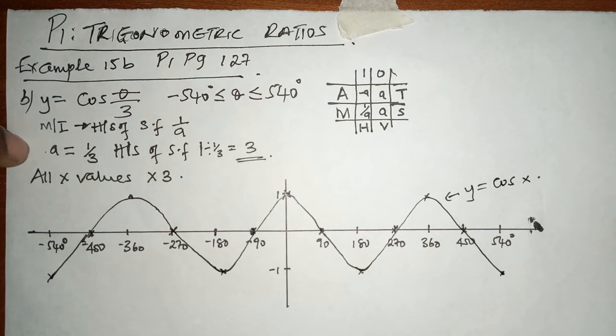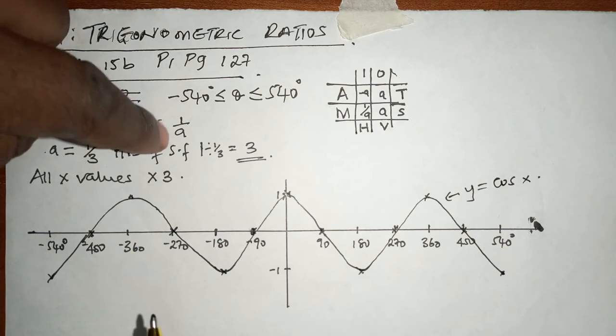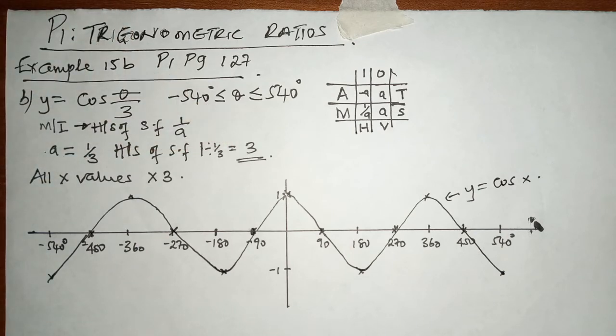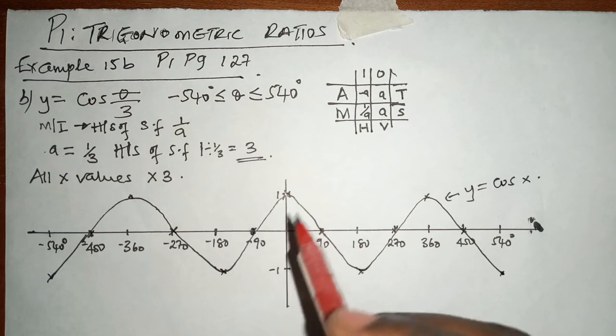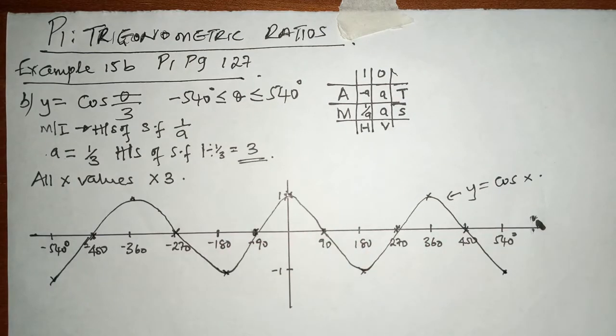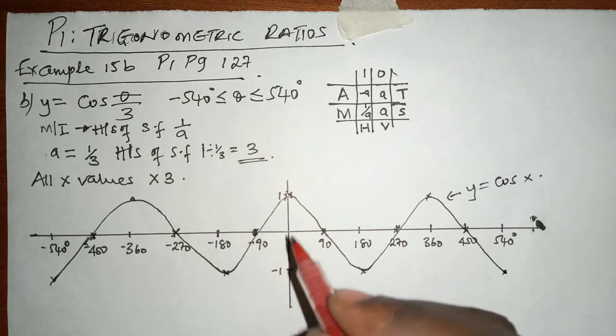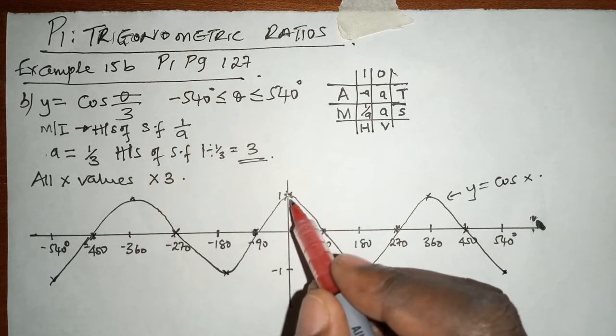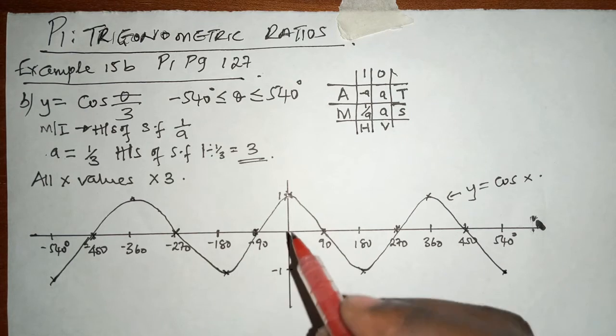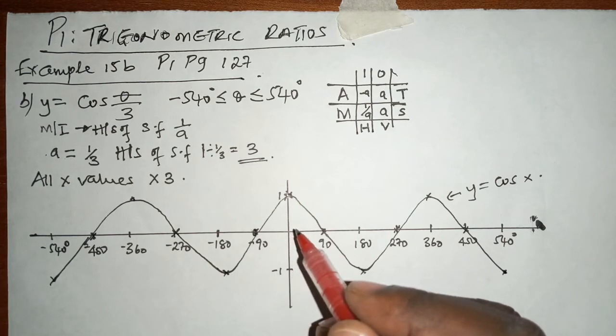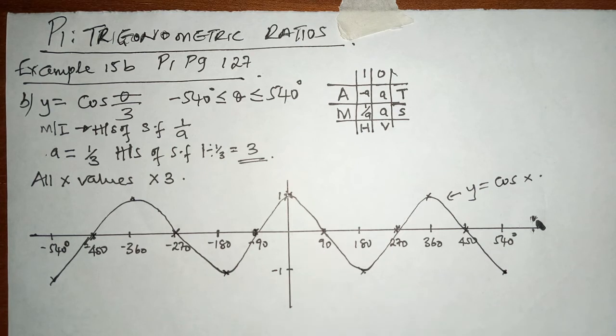Now we have to transform this one, and we have agreed it is a horizontal stretch of scale factor 3. Everything to do with x has to be multiplied by 3. That is why we have a bigger range from minus 540 to plus 540. 0 times 3 remains 0. Remember, the y values are not affected whatsoever.